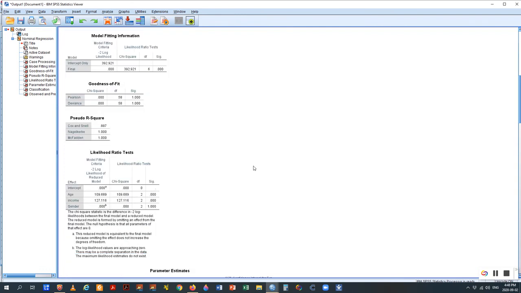Let's start here with, at the very top, the model fitting information. So the final row, which here at the bottom right you can see has a significance of 0.00, provides a diagnostic test of whether the addition of the independent variables into the model provides explanatory improvement over the model with just the intercept and no independent variables.